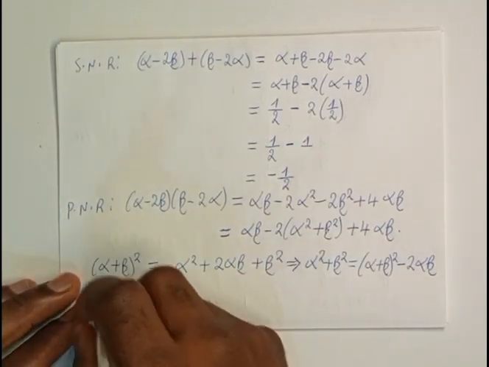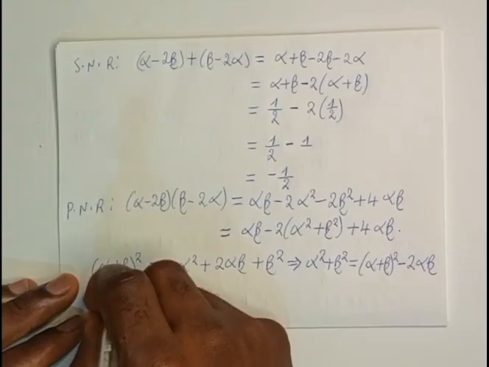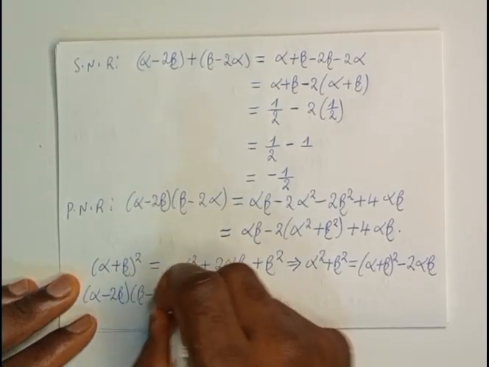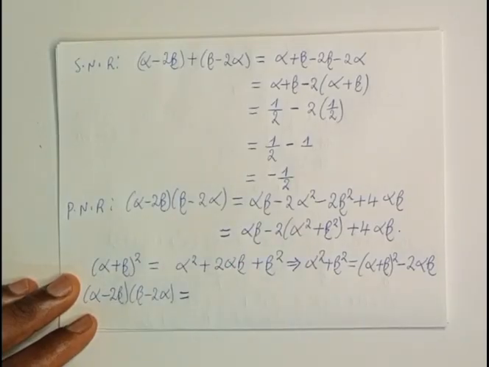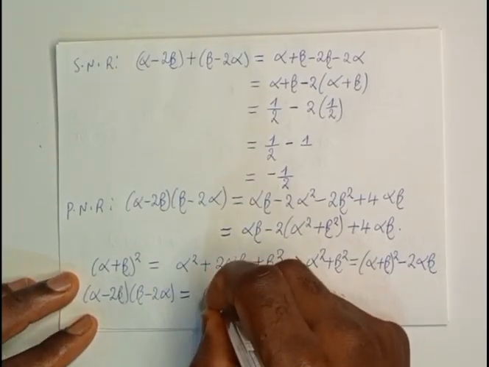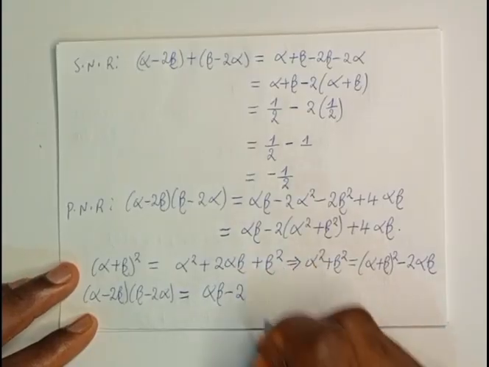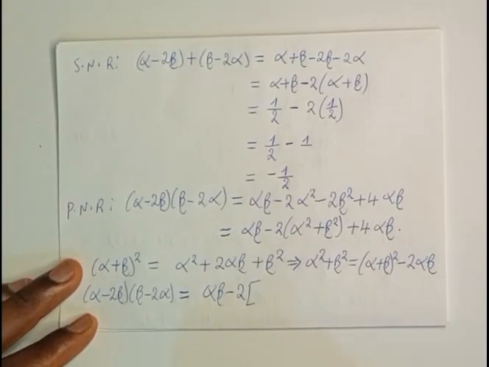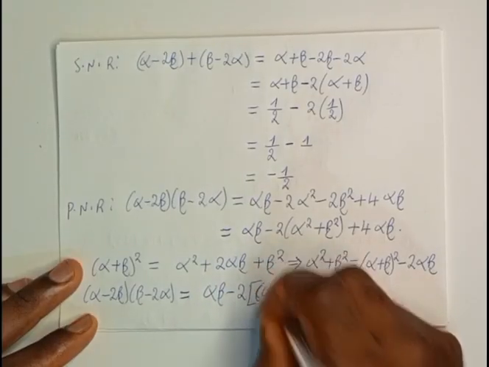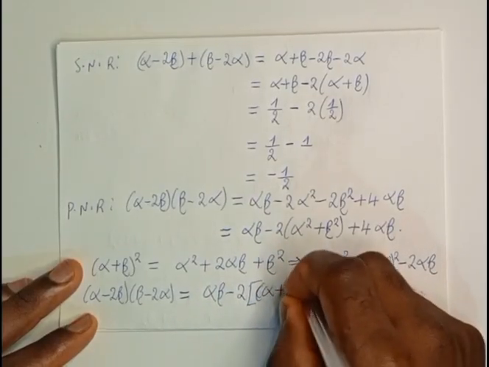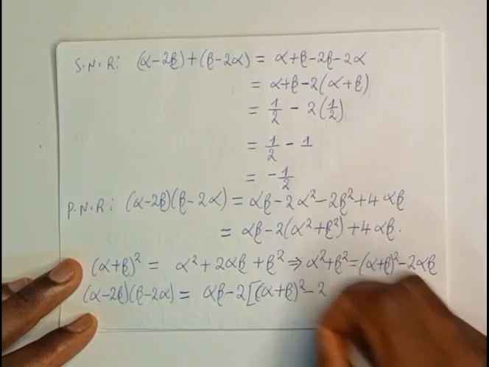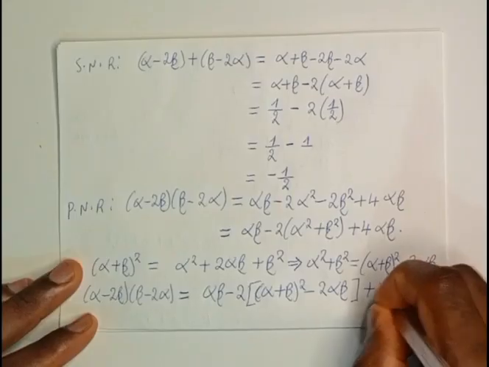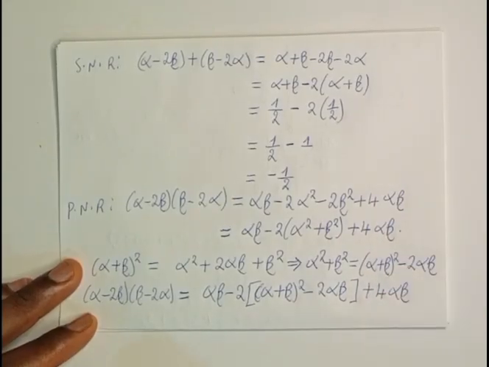Inserting it here, this will give us alpha minus 2 beta times beta minus 2 alpha, which is the product of new roots, will be equal to alpha beta minus 2 times, we have to multiply all this by 2, alpha plus beta, all this squared, minus 2 alpha beta, close the bracket, plus 4 alpha beta.